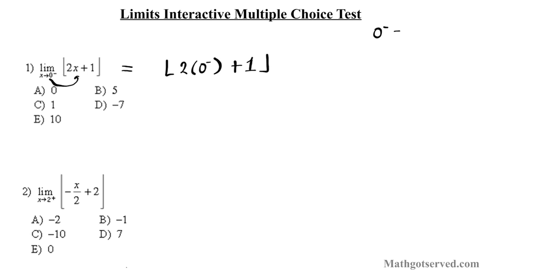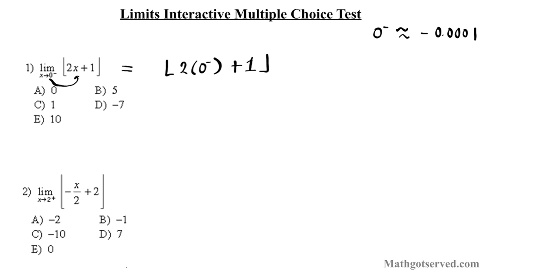Imagine 0 from the left as being approximated by a number with an infinite number of zeros. Well, let's see, 0 from the left, so negative 0.00, infinite number of zeros, 1.